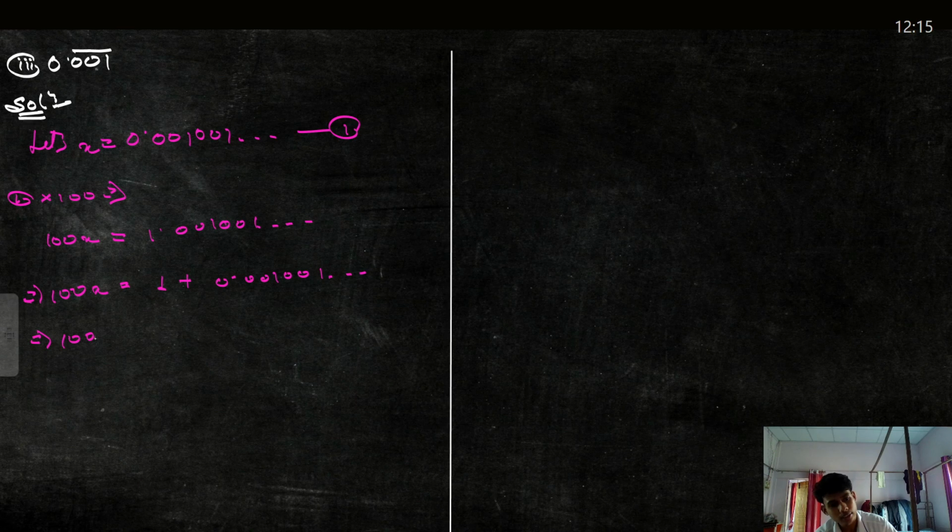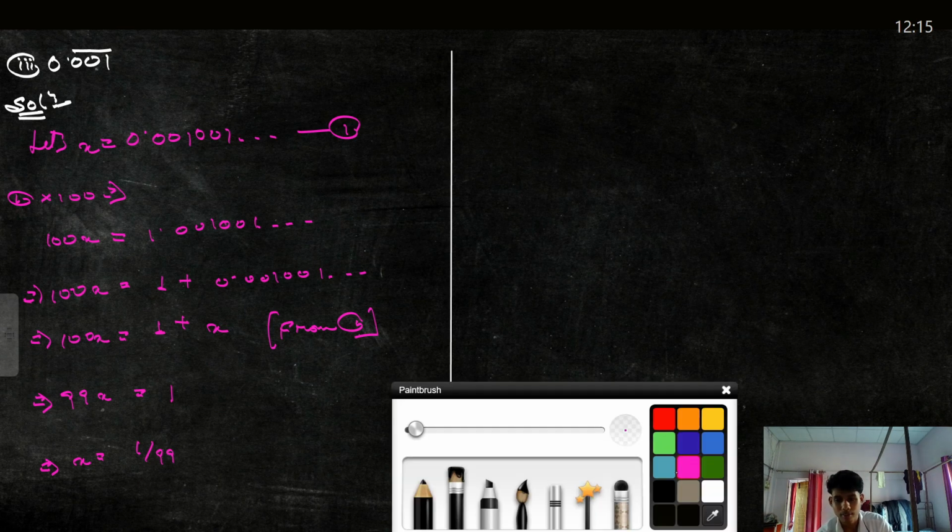That implies 1000x is equal to 1 plus x from equation 1. That implies 999x is equal to 1. That implies x is equal to 1 by 999.